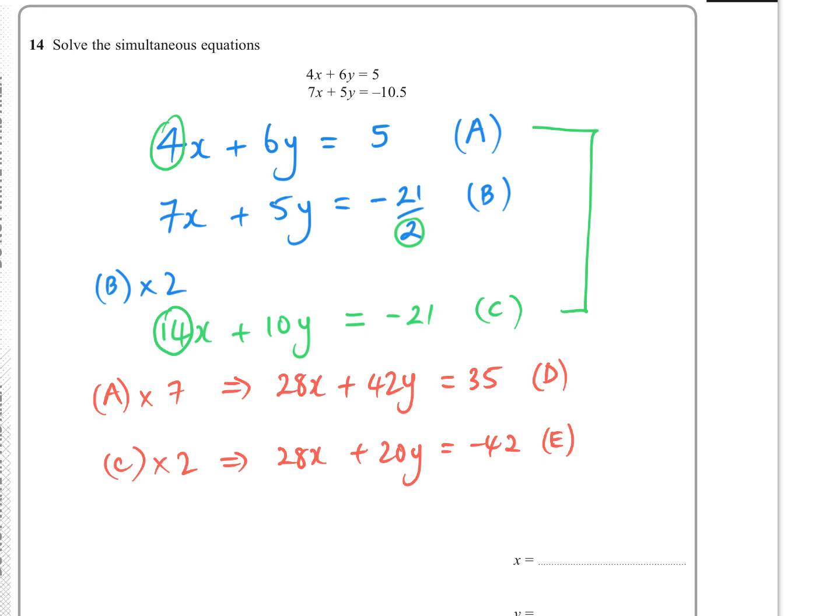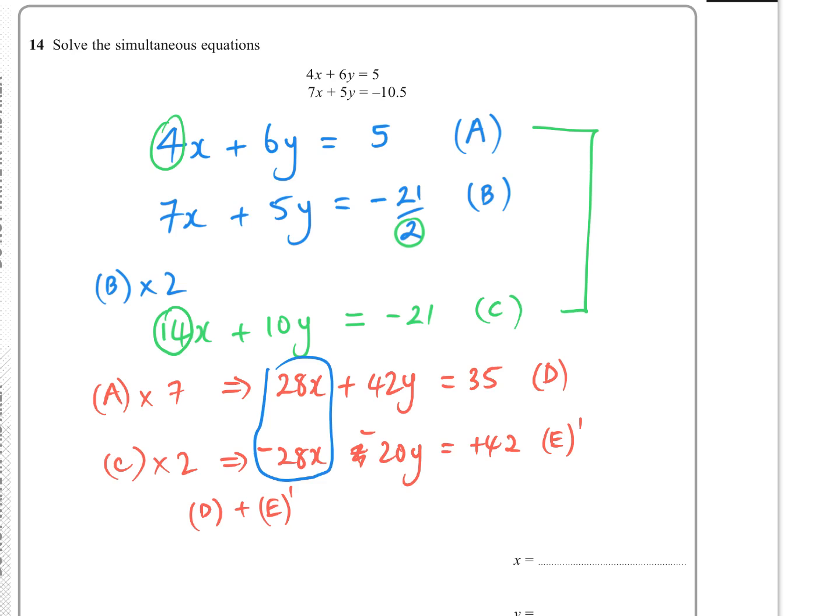Some of you can realise here that you can either do D take away E or E take away D. What you can do, however, is just times one of them by negative 1 all the way through, and then you can just add them. So I'm going to do D plus E prime. I've called it E prime because I've changed it. I've times both sides by negative 1. And then look what happens.